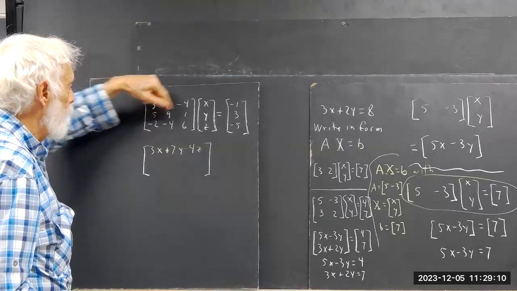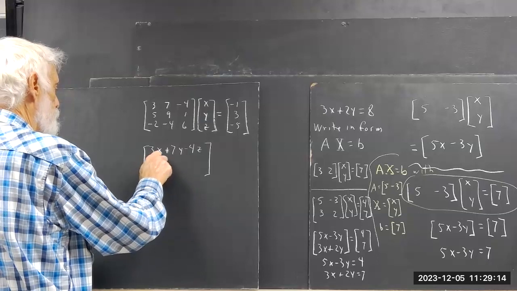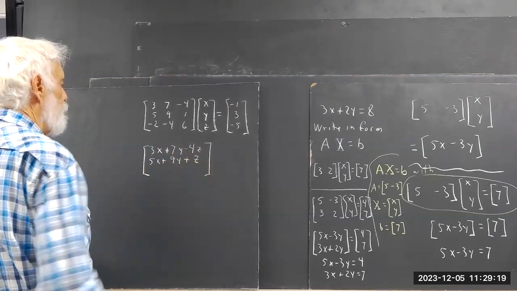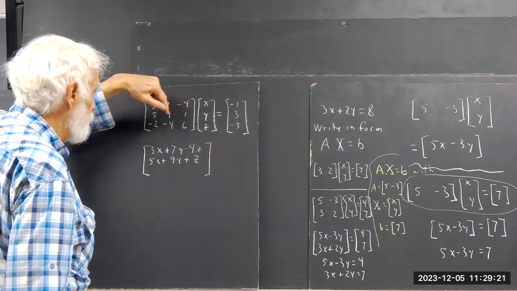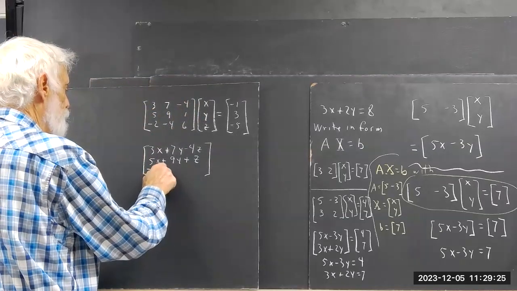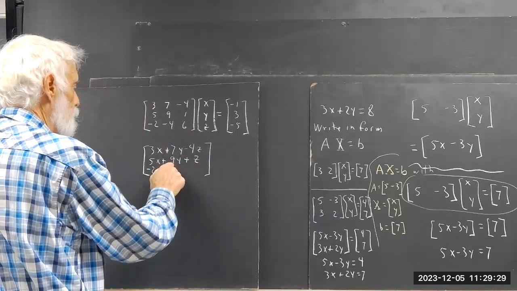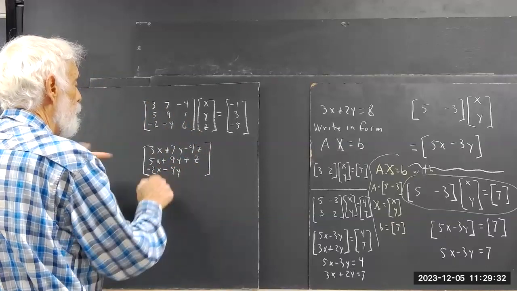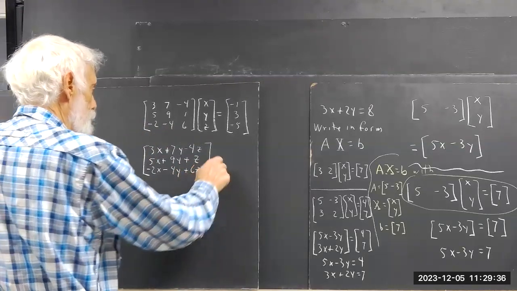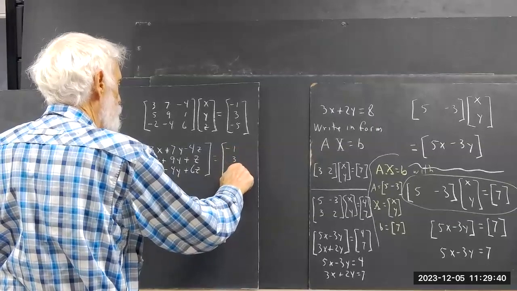Second row, 5x, 9y, 1z. Third row, minus 2x, minus 4y, 6z. And they're all added. And this equals negative 1, 3, 5.